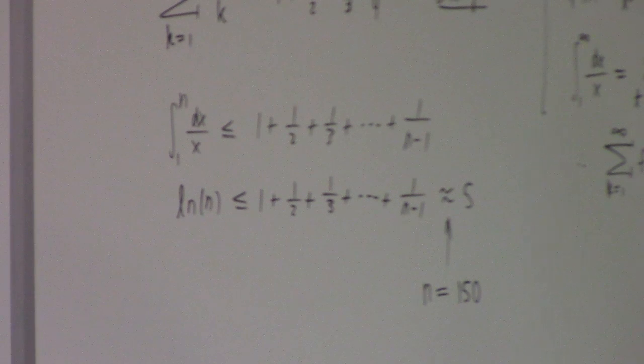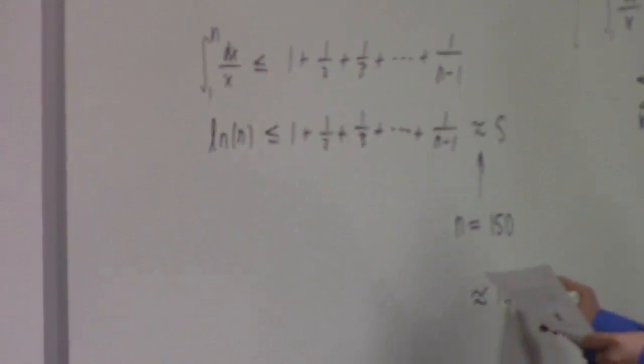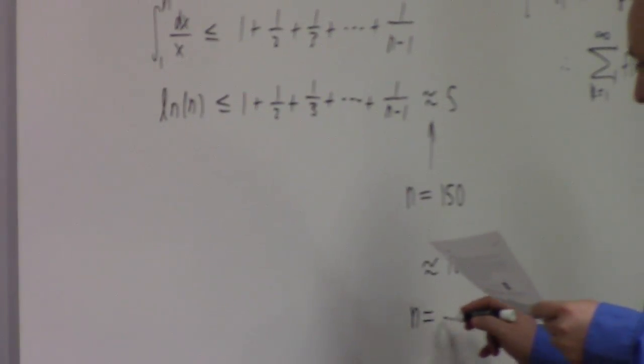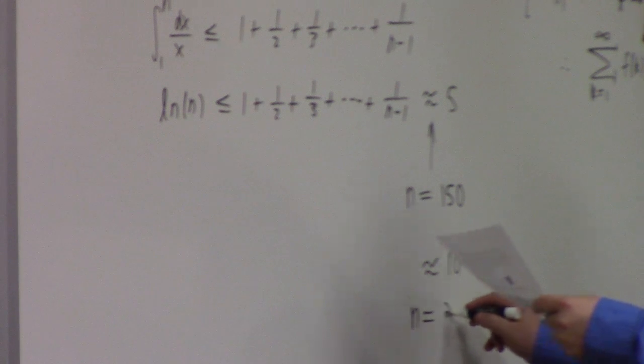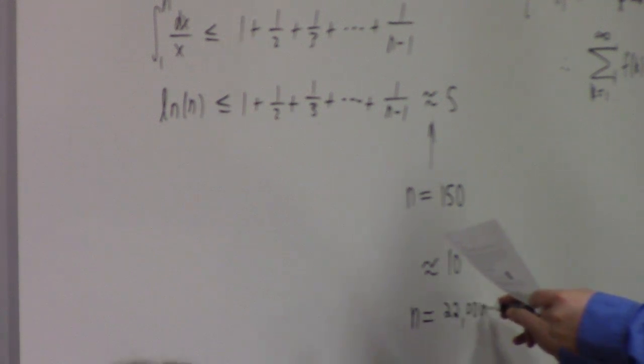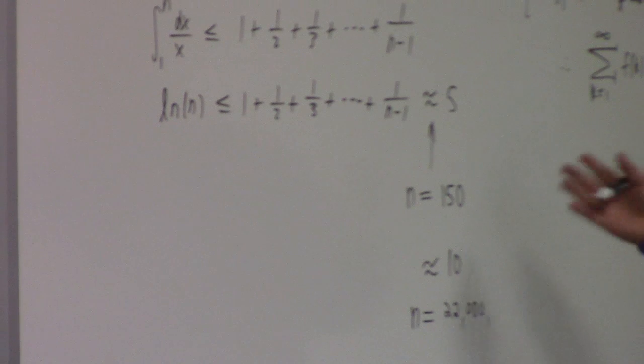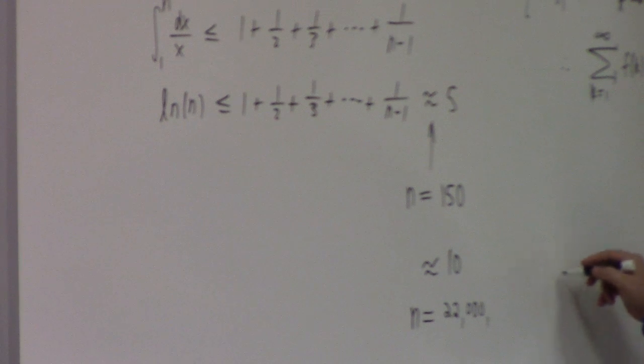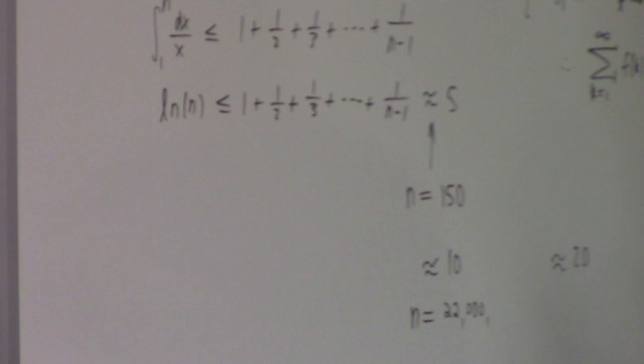If you want to make this sum work out to about, let's say, 10, the number of things you'll need to add together is something like 22,000. If you want to take enough reciprocals to get to about 20, you need something like about 500 million.